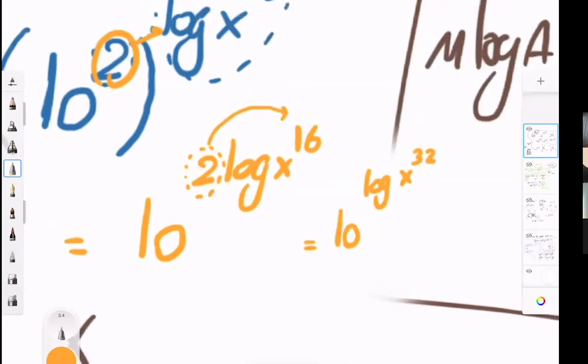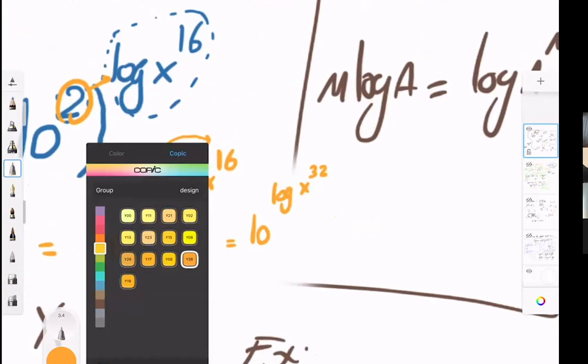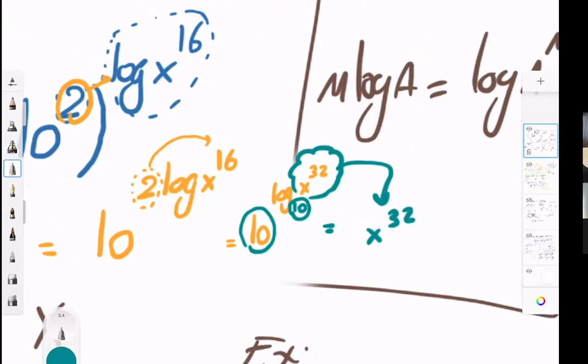Now what should I do? Now the base is 10, correct? This is, and that one are the same. We apply one of the formulas. This guy will fill here 32. So it's x to the power 32.